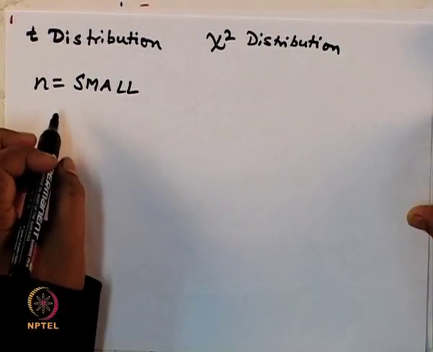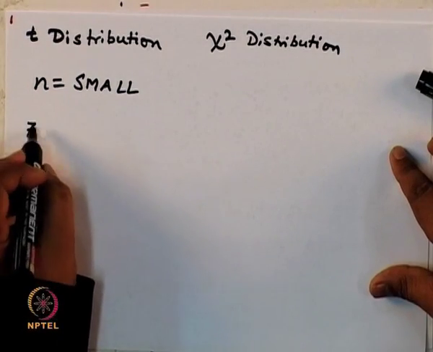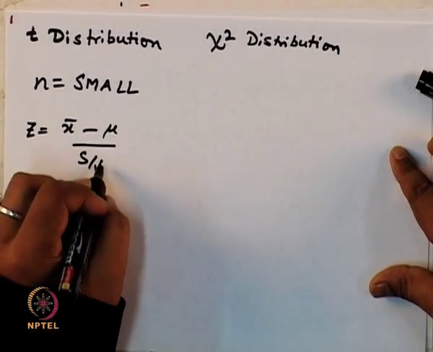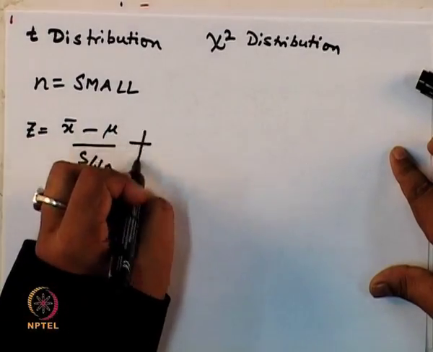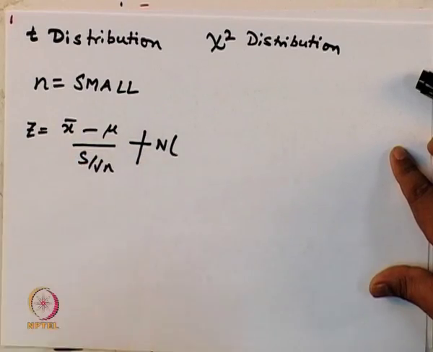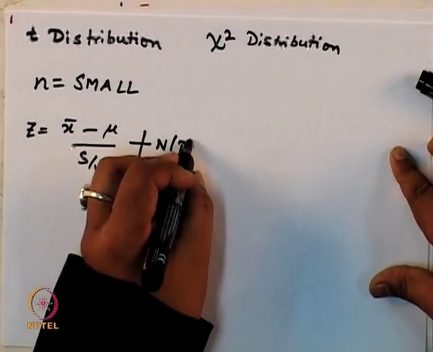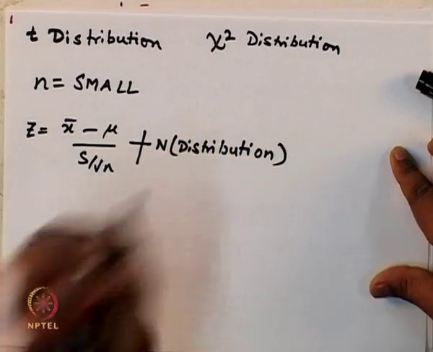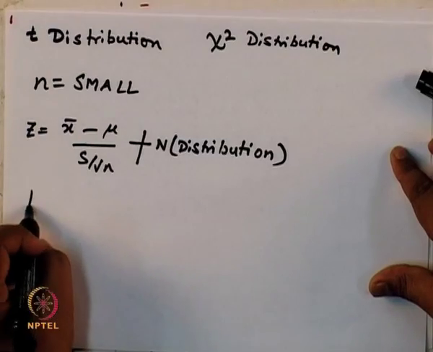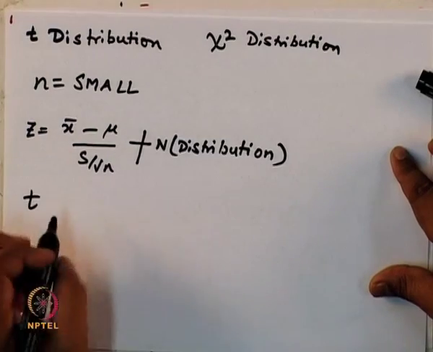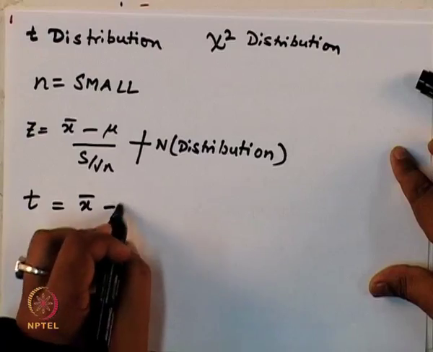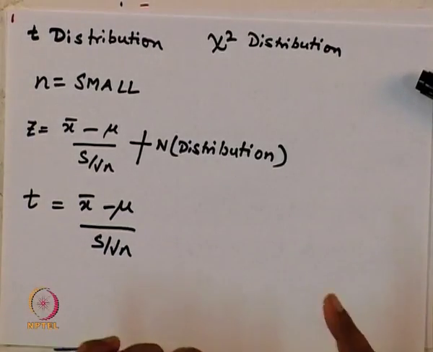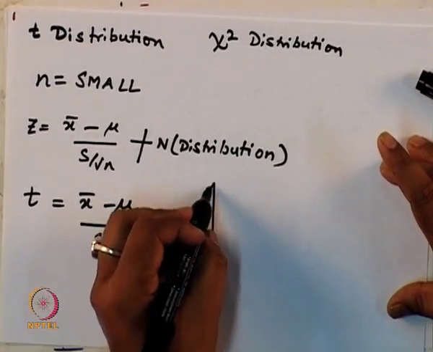Your z equal to x bar minus mu by s by root n does not follow a normal distribution. So, instead we calculate the same value, x bar minus mu by s by root n, which is called the t value.